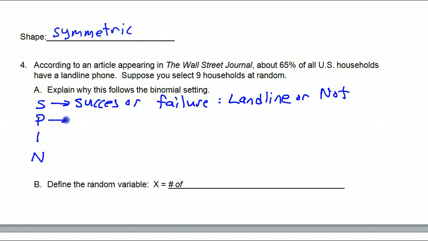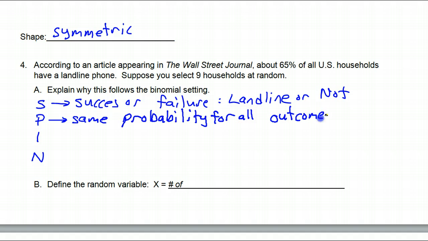Okay, the P in SPIN stands for probability. All of the outcomes have to have the same probability of success. Same probability for all outcomes.